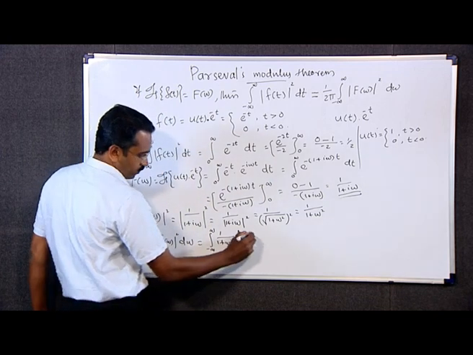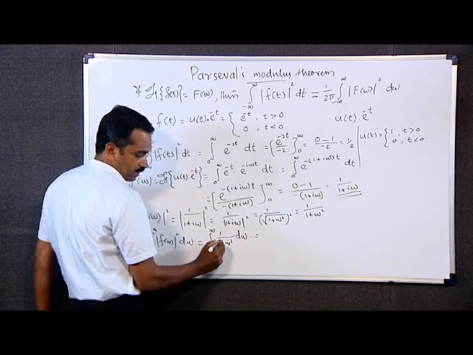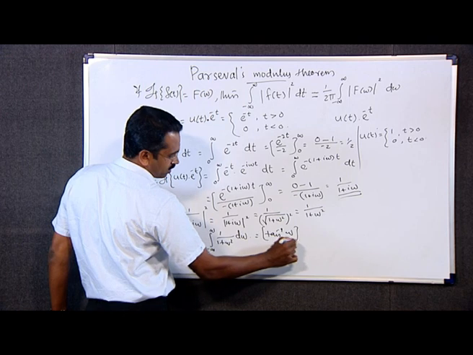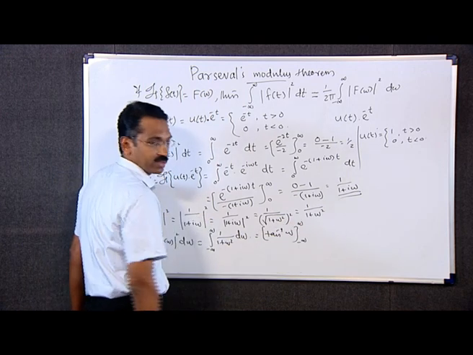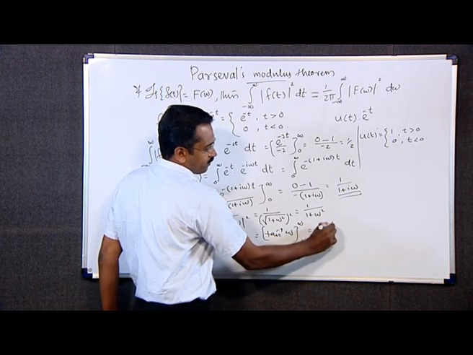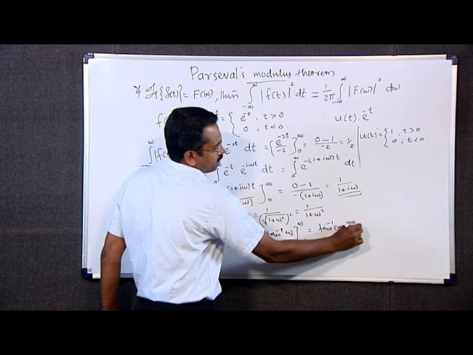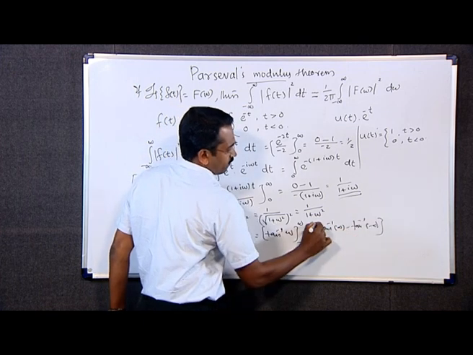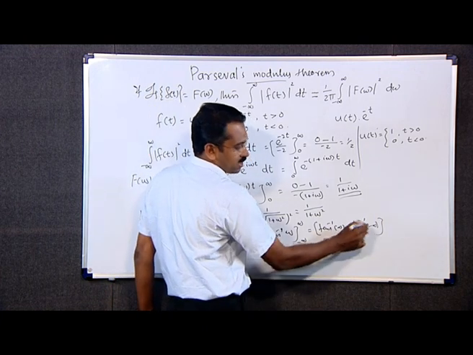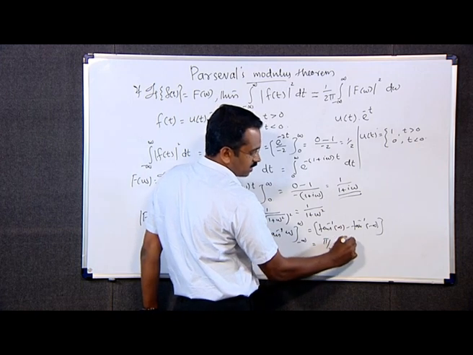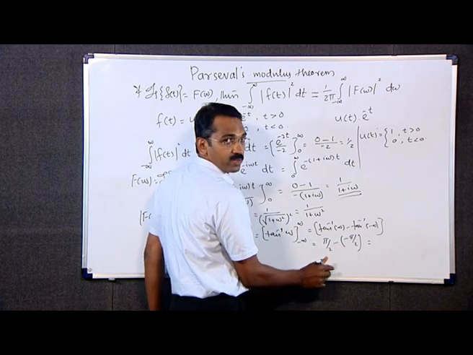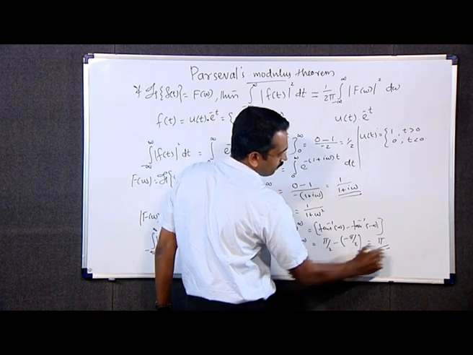Here the integral of 1 by 1 plus omega squared d omega is tan inverse omega between the limits minus infinity and plus infinity. On applying the limits, we get tan inverse infinity minus tan inverse minus infinity. That is, tan inverse infinity means pi by 2, minus tan inverse minus infinity means minus of pi by 2. Therefore, we get pi by 2 plus pi by 2, that is 2 times pi by 2, that is pi.